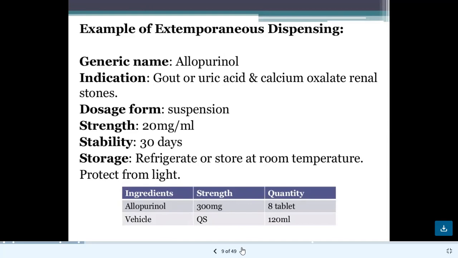Dosage form: suspension, 10 to 20 mg per ml. Stability: 30 days. Storage: refrigerate or store at room temperature. Protect from light.